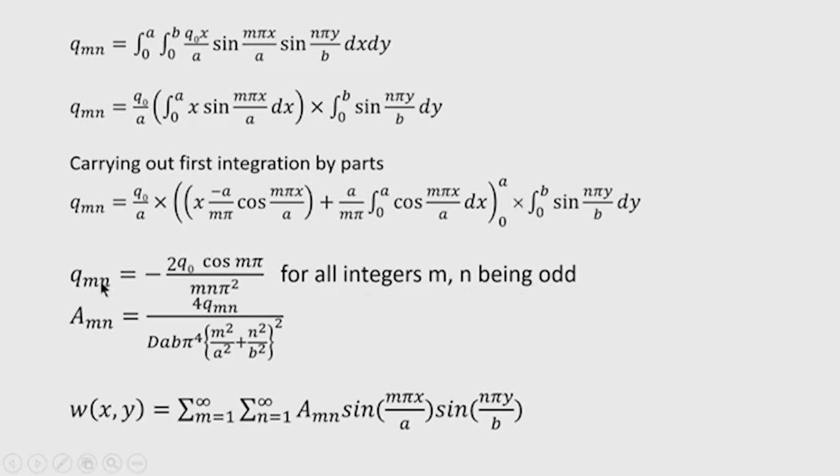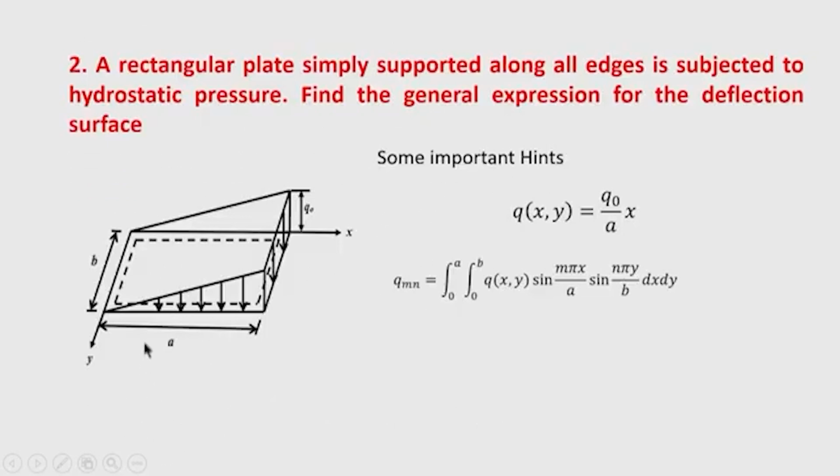So, once you get Qmn, then you can find Amn again for the value of odd integers. So, after getting your value of Amn, you can get the deflected series w x y. Now, here because of this uniformly varying load, you will not find the deflection exactly at the center.